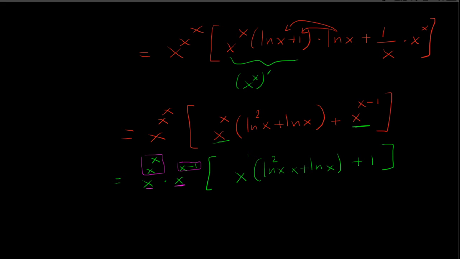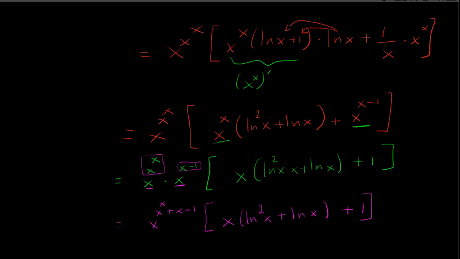Whenever you're given the same base and you're multiplying the two, you always add the exponents. So add these exponents. So then you get x ln squared x plus ln of x plus 1.